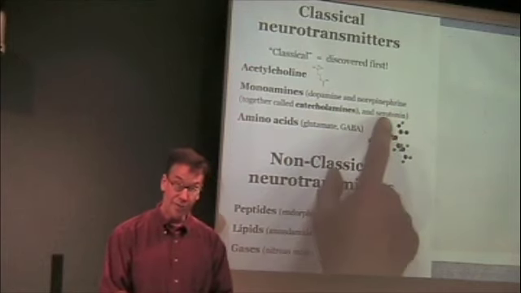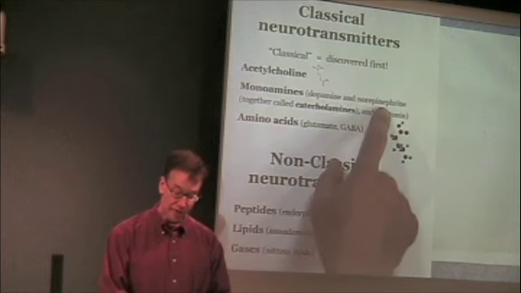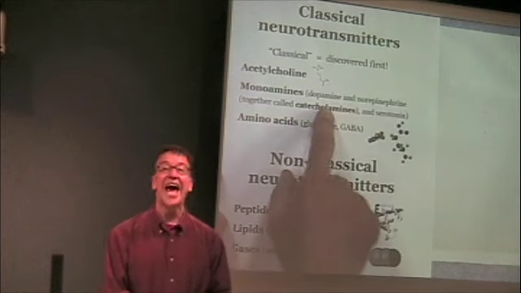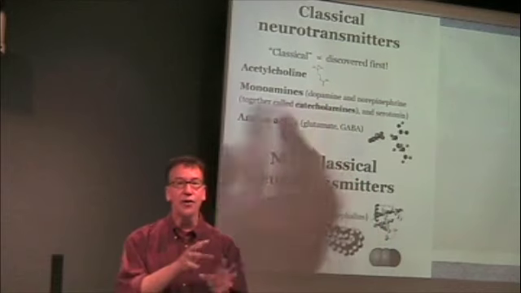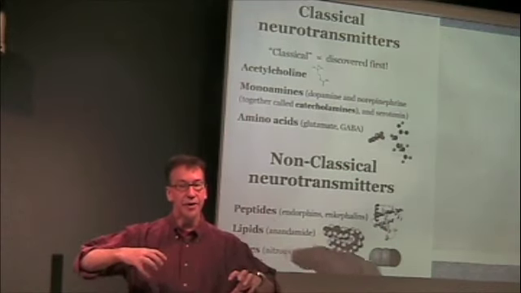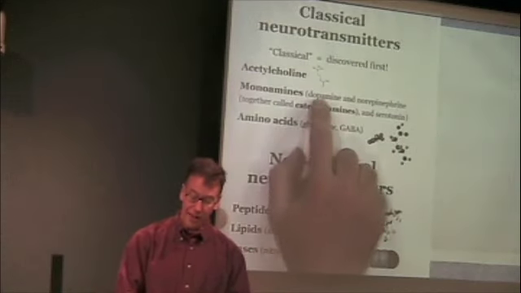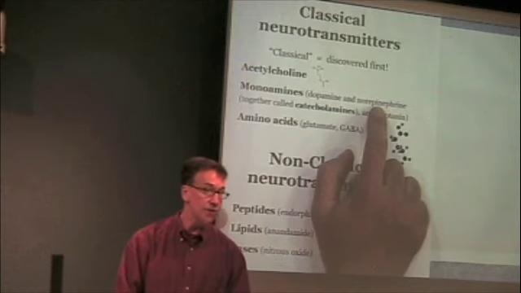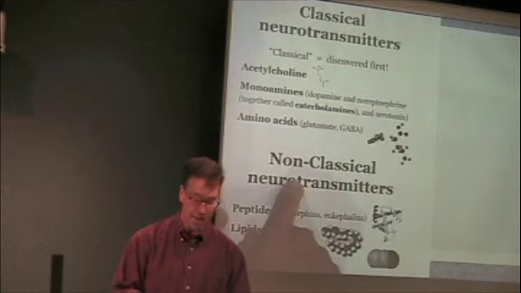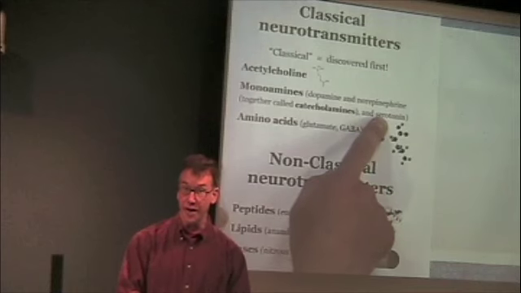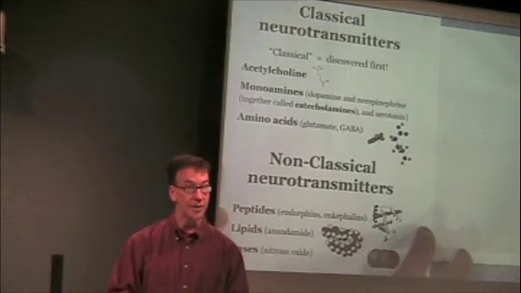All three of them are monoamines, but dopamine and norepinephrine are what we refer to as catecholamines. They have another structural similarity that ties them even more closely together. It turns out that dopamine and norepinephrine are manufactured from the same amino acid, while serotonin, it'll turn out, is manufactured from a different amino acid.